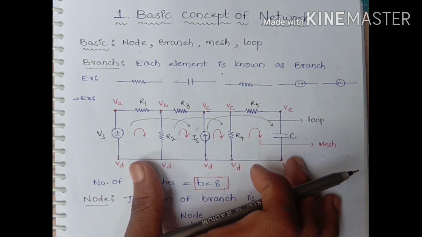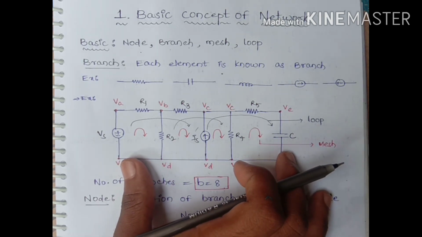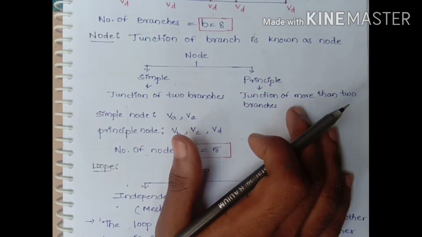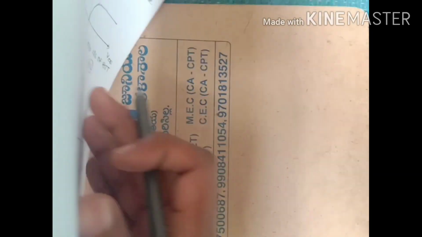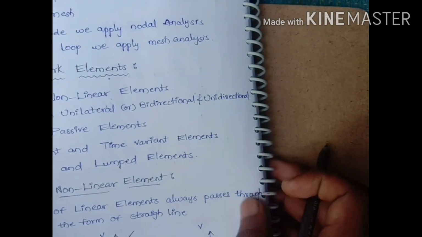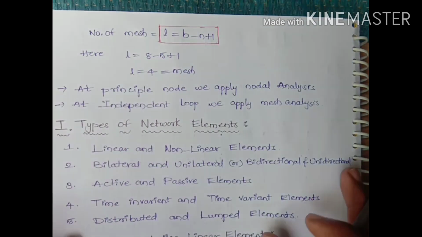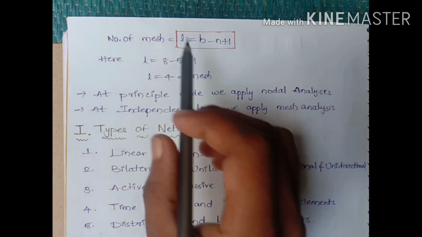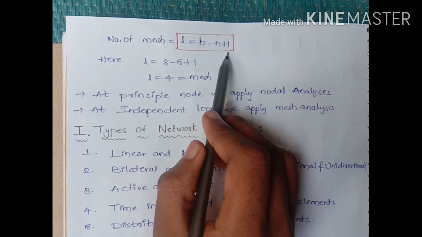We are also having a mathematical formula to find out the number of meshes in network. Now look at the formula. Number of meshes L is equal to B minus N plus 1.